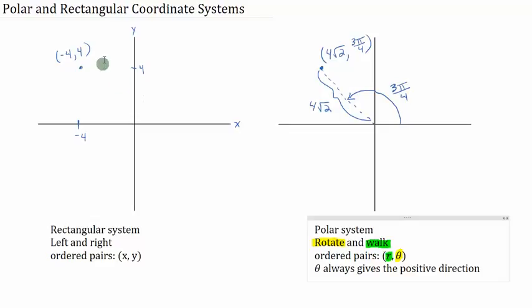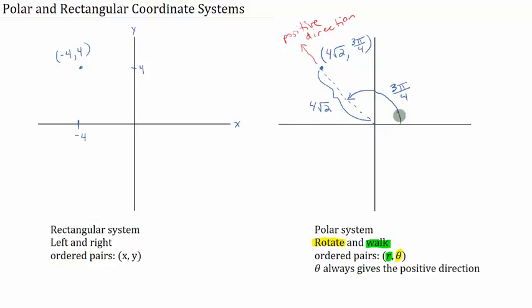It's not like in the rectangular coordinate system where right is positive and left is negative, up is positive and down is negative. Over here, your rotation establishes the positive direction. So if you rotate to the 3 pi over 4 direction, then this direction is the positive direction. So I'd walk positive 4 square roots of 2.